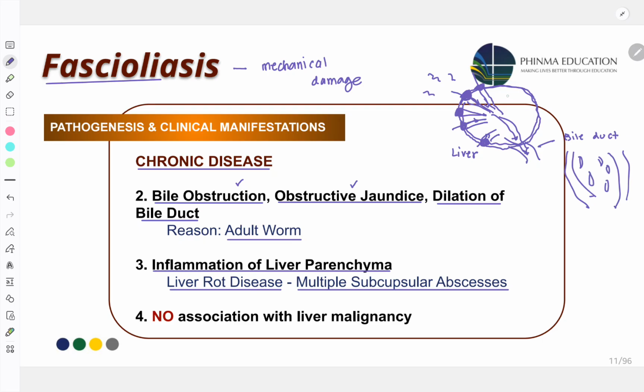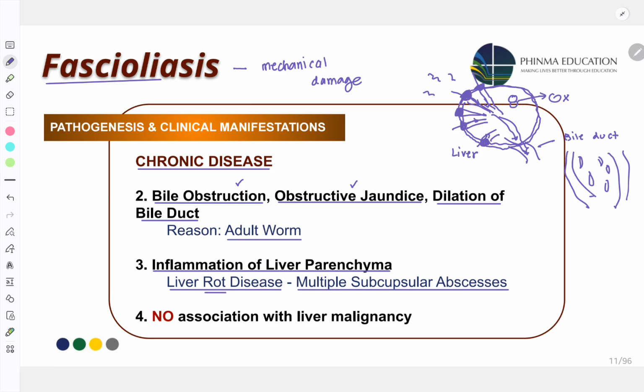But your liver, it's puno og hepatocytes, diba? The cells that are the functioning cells of your liver. So when they pass through that, of course, mamatay, maguba ang cells. So that is why naay abscess, no? Subcapsular abscess. Or mamatay ang liver moong naay rotting, no? Ang inyong liver.